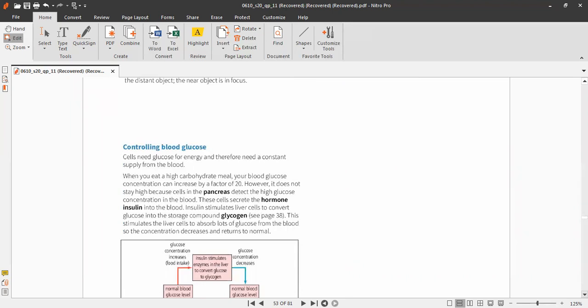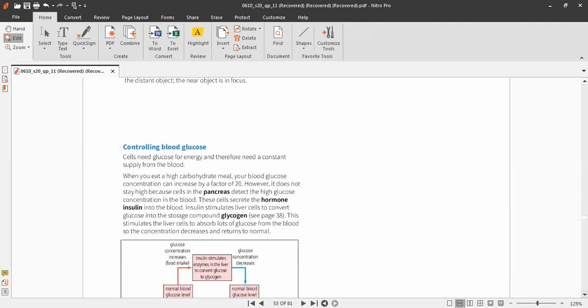Cells need glucose for energy and therefore need a constant supply from the blood. When you eat a high carbohydrate meal, your blood glucose concentration can increase by a factor of 20. However, it doesn't stay high because cells in the pancreas detect the high glucose concentration in the blood, and these cells secrete the hormone insulin into the blood.